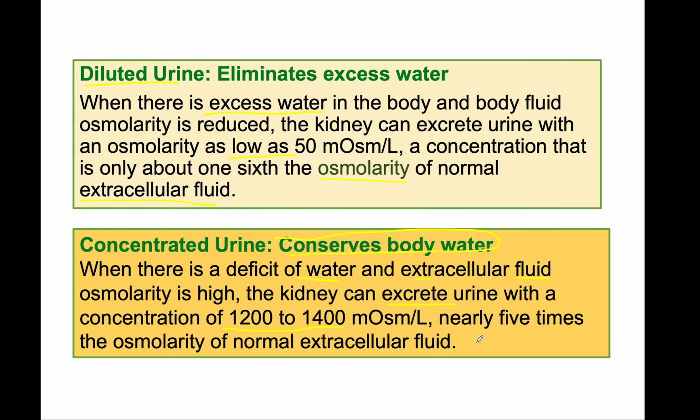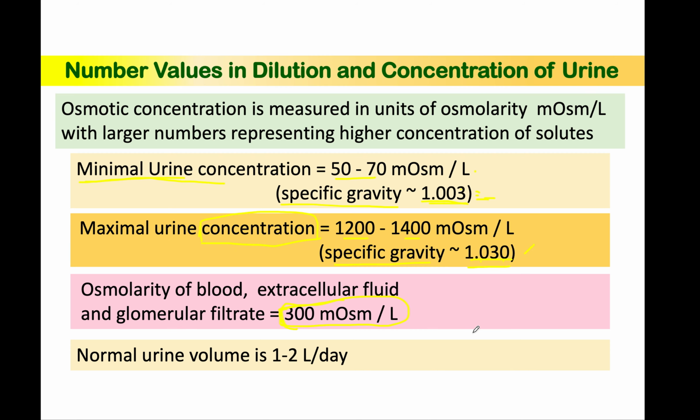Okay. It's almost 5 times the osmolarity. See here, if it's 300, the concentration will be almost 300 times 5, it's 1500. So it can be almost 5 times more concentrated. And that's why concentrated urine is darker in color.